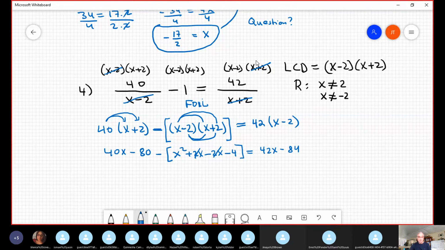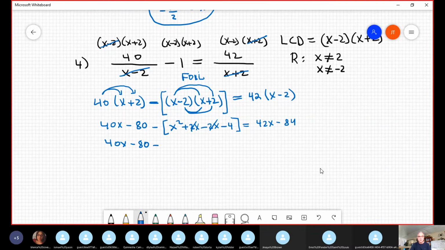So I copy 40x minus 80 minus x squared plus 4, because this minus and this minus, so the minus changes the sign of everything inside. This guy is gone, and what stays alive is negative and positive, equal to 42x minus 84.